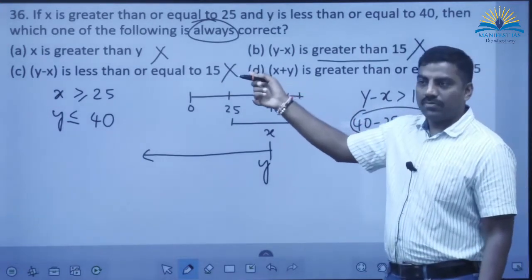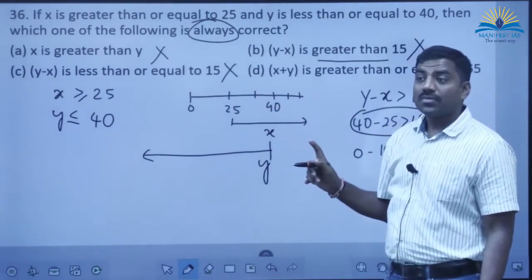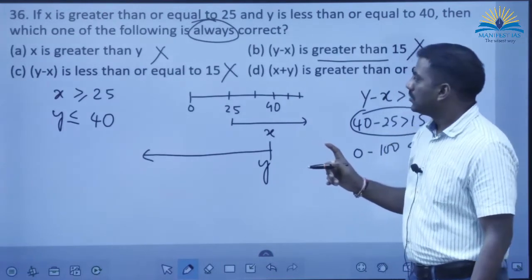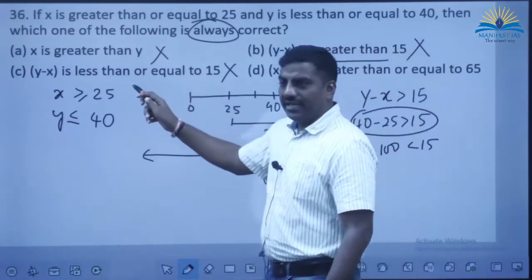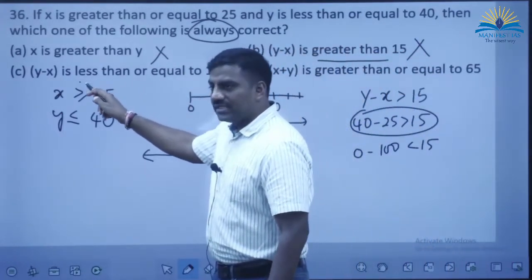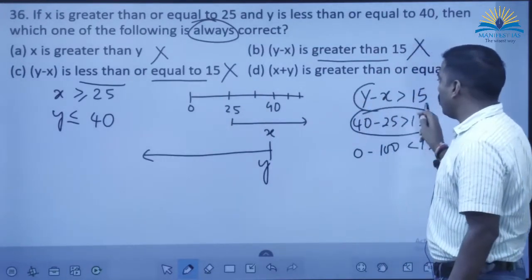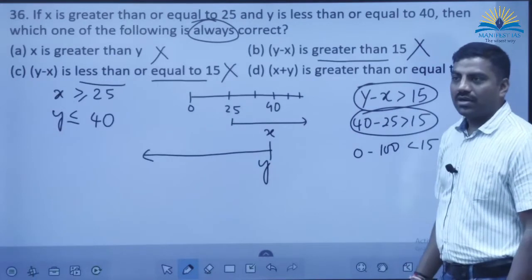Then it is also wrong. It is saying it is always less than or equal to 15. But here we have proved, no? Y minus x can be greater than 15.